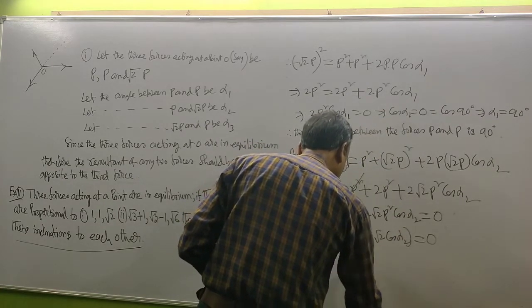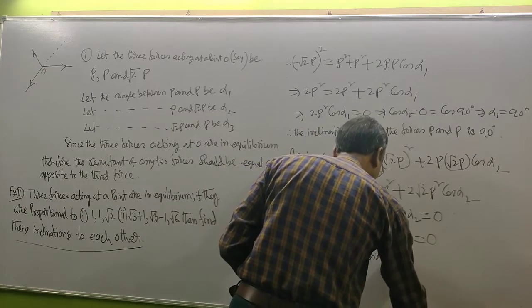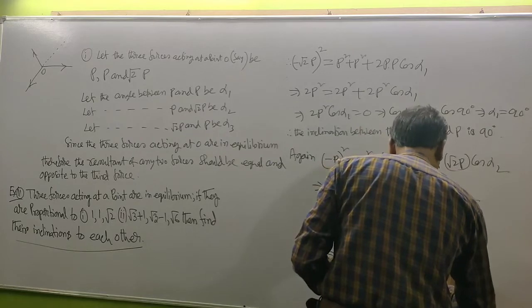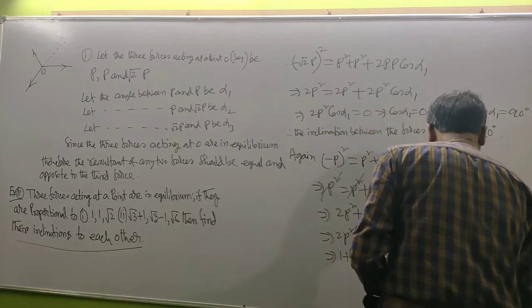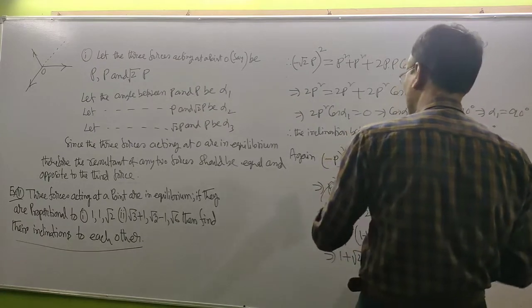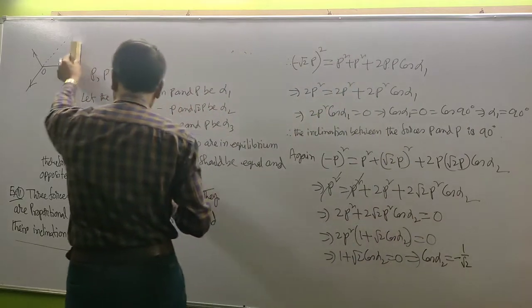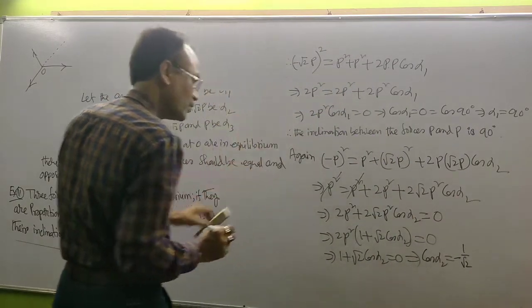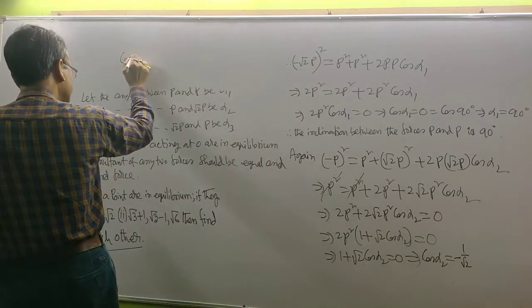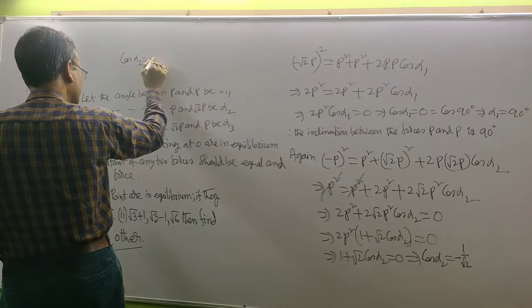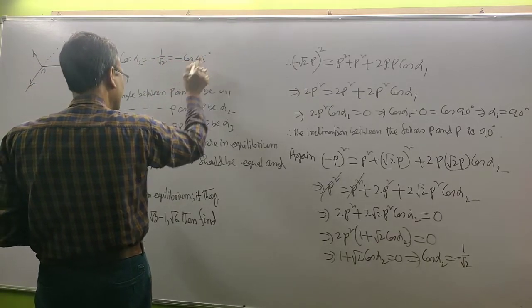This means 1 plus root 2 cos alpha 2 equal to 0, means cos alpha 2 equal to minus 1 by root 2. 1 by root 2 equal to minus cos 45 degree.